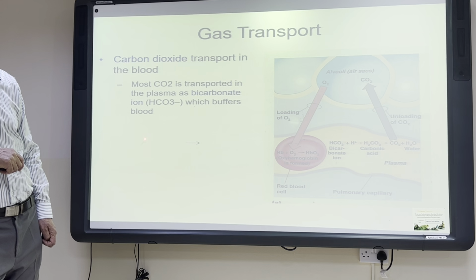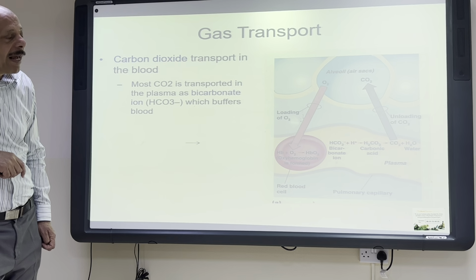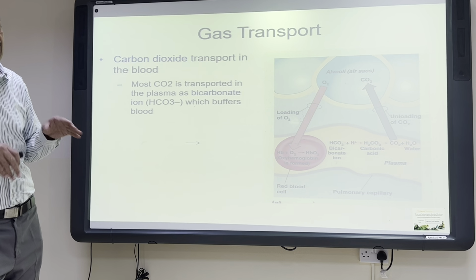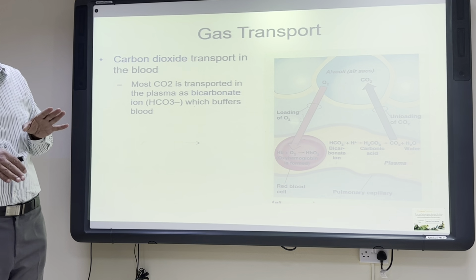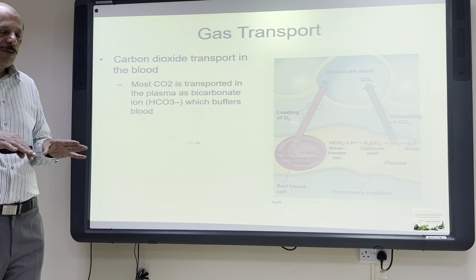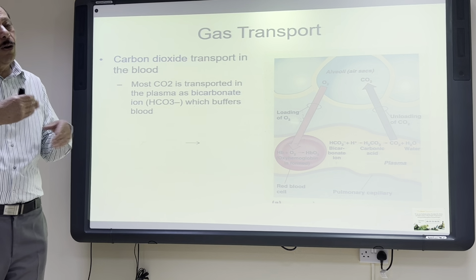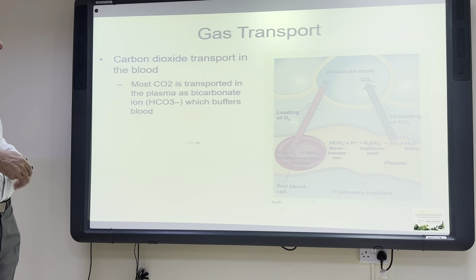What do we mean by buffers? Balance of pH. Balance of pH. Yes, so it maintains the balance of pH by changing from strong acid to weak acid, or from strong alkaline to weak alkaline.